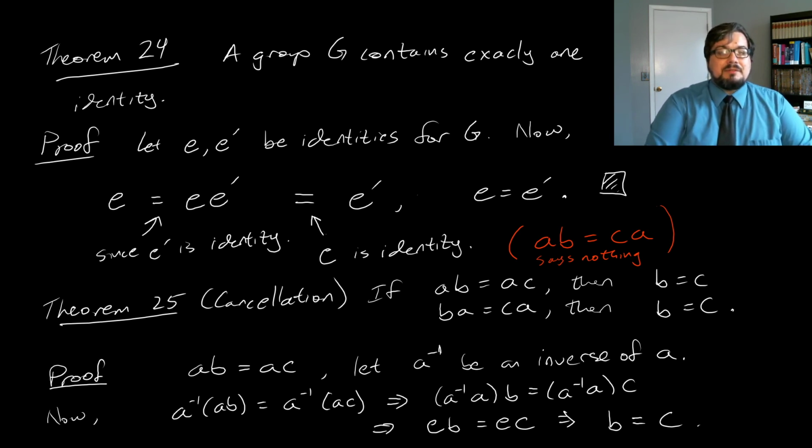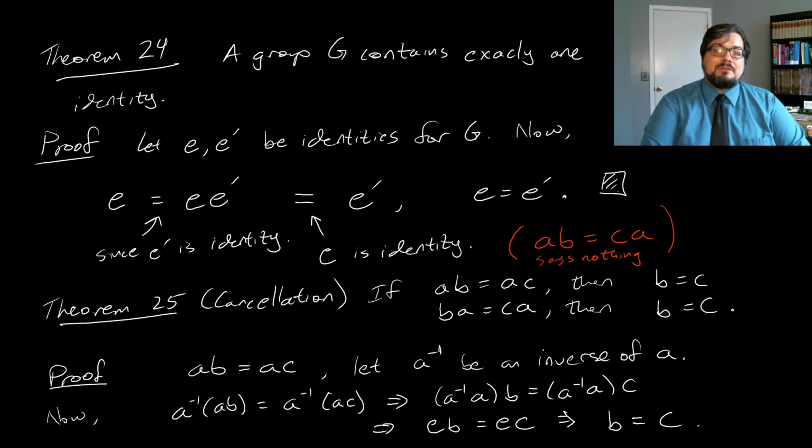Cancellation, Theorem 25, allows us to prove that inverses are unique, which we didn't actually need for Theorem 25. So Theorem 26 says inverses are unique.